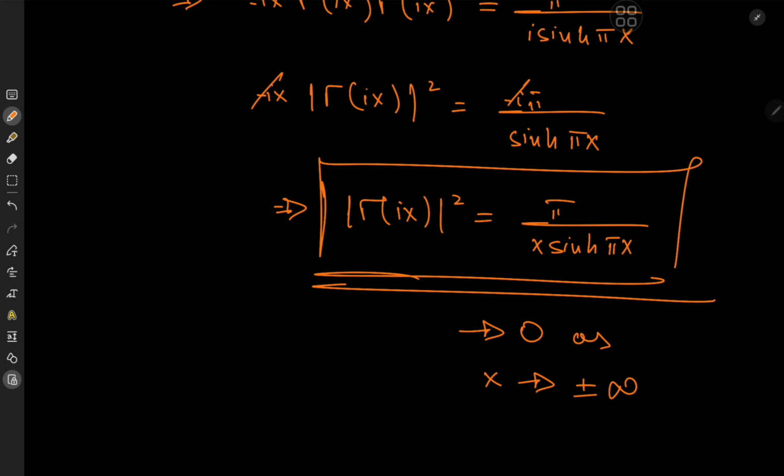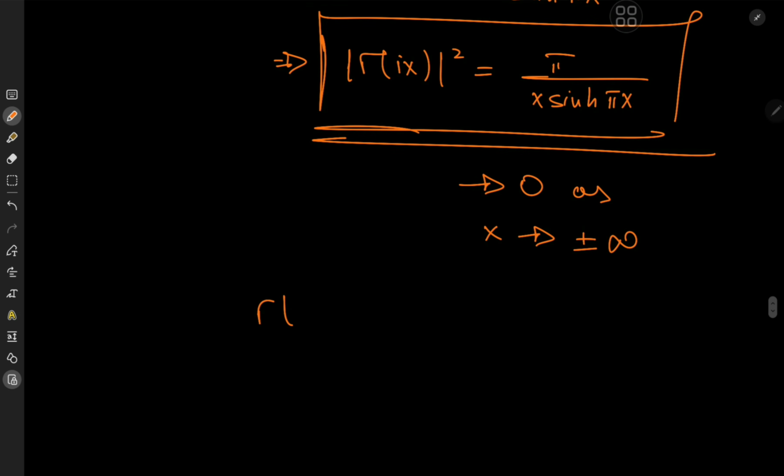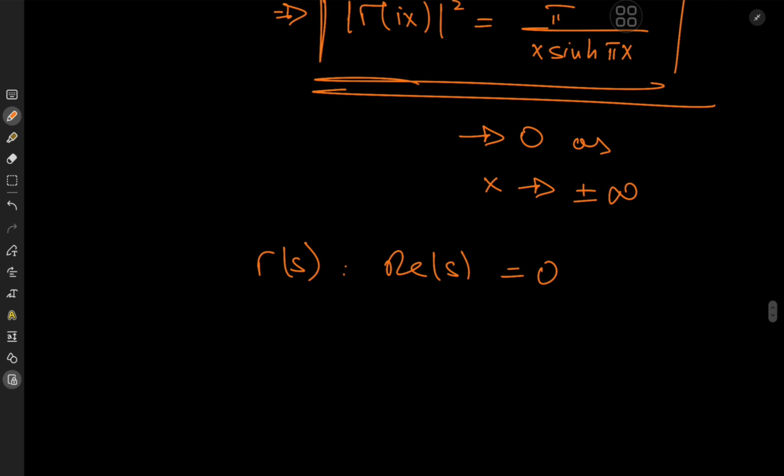But there's another problem. For gamma s, if we were to take the real part of s equal to 0, we run into problems regarding its analytic behavior. It's no longer analytic in the strip where we're trying to calculate the integral. So that is a problem. So we're going to have to work with a limiting argument here, or a limiting case of the limit of the absolute value of gamma a plus ix as a approaches 0 from the right.